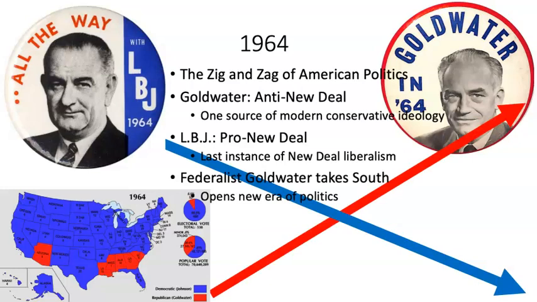Meanwhile, Goldwater and the Federalists, although they lose, obviously, big time in 64, the Federalist flavor of conservatism begins to create the groundwork for a new conservative movement, right?